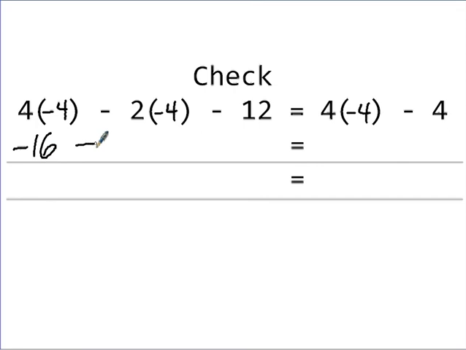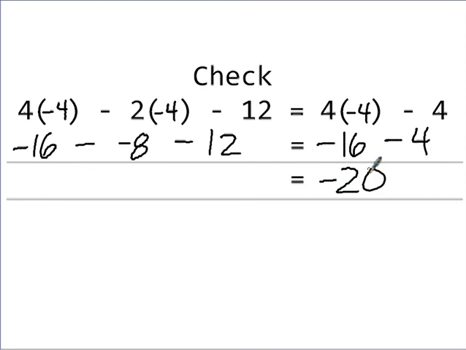Minus 2 times negative 4 is negative 8. Minus 12. And on the right side of my equal sign, 4 times negative 4, negative 16. Take away 4. If I stay over here on the right side, I can see I have negative 16 minus 4, which means I have a total of negative 20 on the right side.